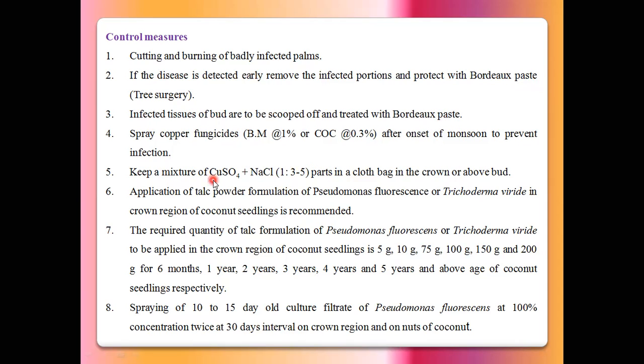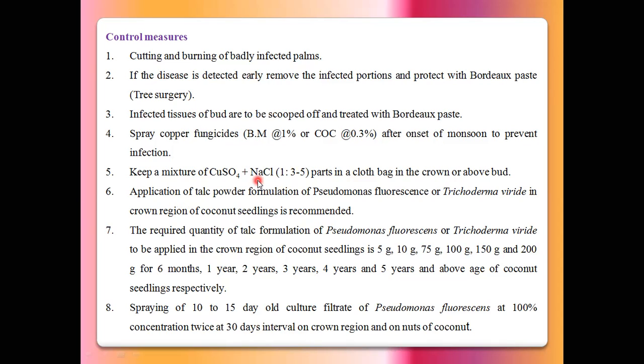Or keep the mixture of CuSO4 and NaCl. This solution is generally packed in cloth bags, and these bags are hung above the crown or above the bud portion of the seedlings or mature plant of the coconut.